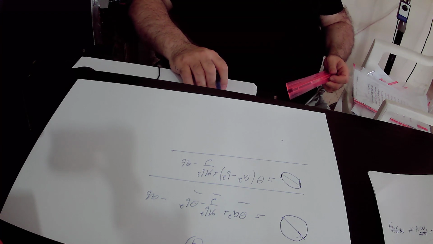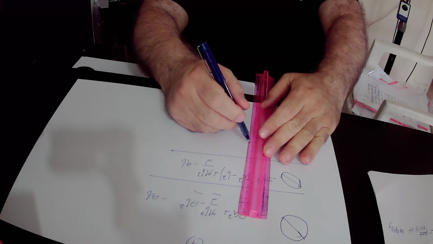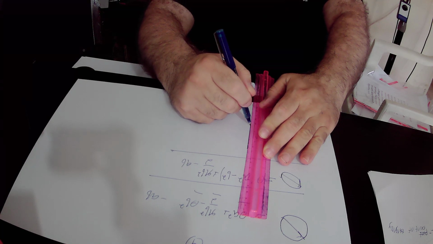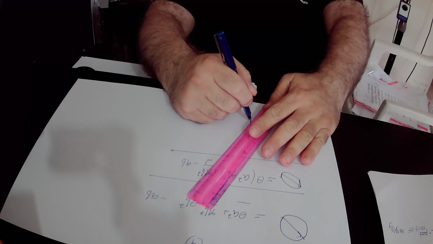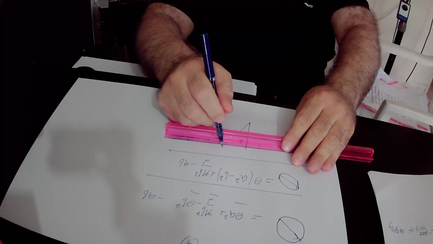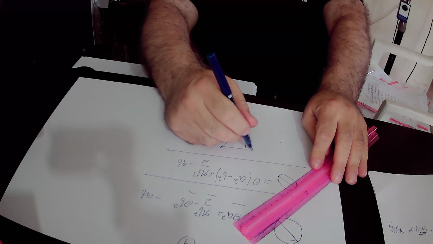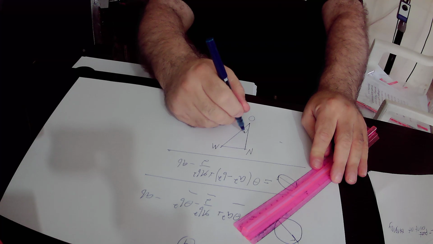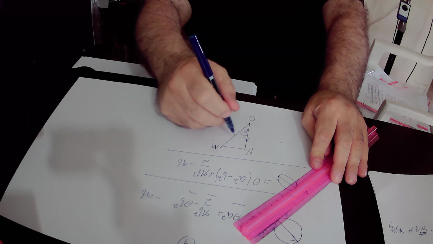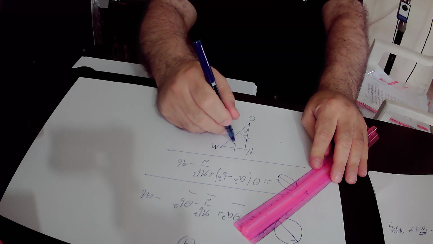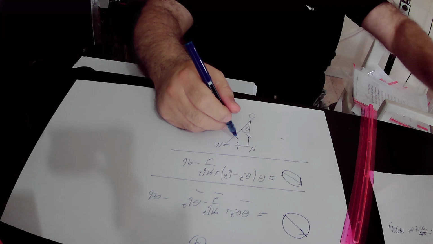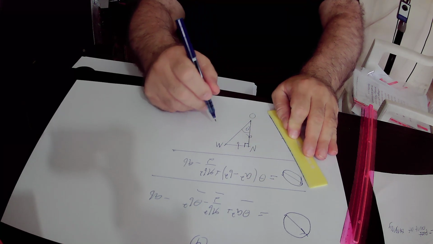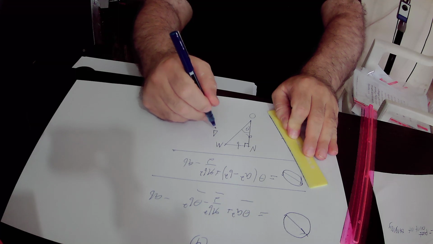So in order to find out the value of theta, I will draw the right triangle NOM that contains angle theta.